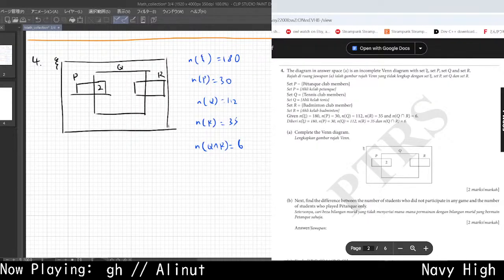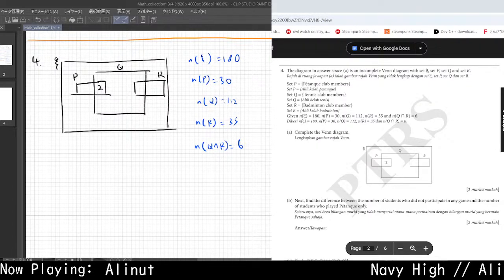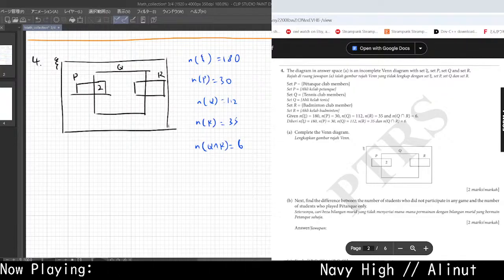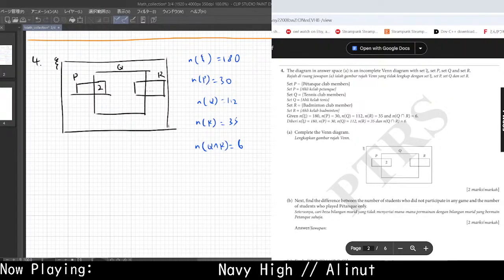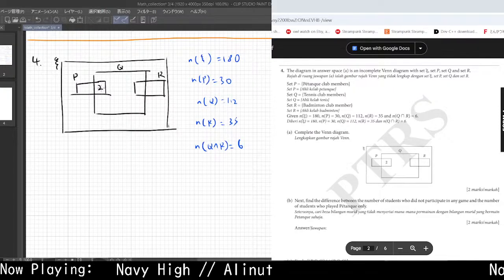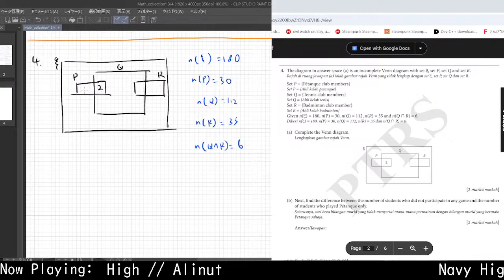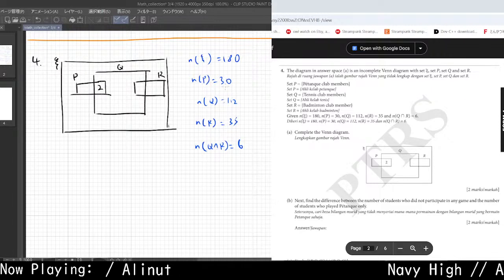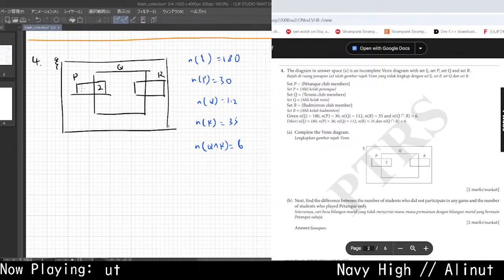How do you fill the numbers? Your P over here refers to the entire circle. The number of things inside P, since there's a 2 over there already, the remaining part will have 30 minus 2, so this should be 28.